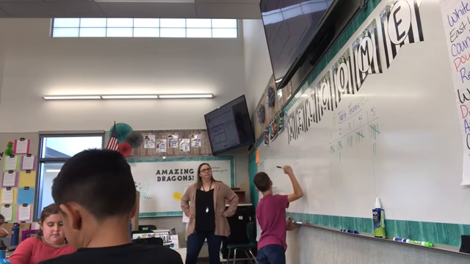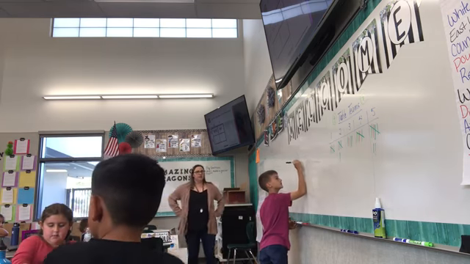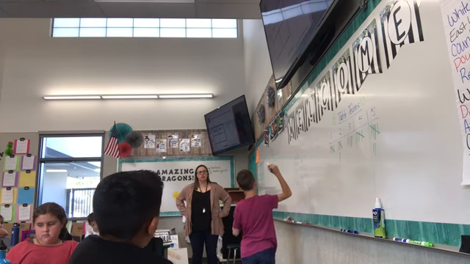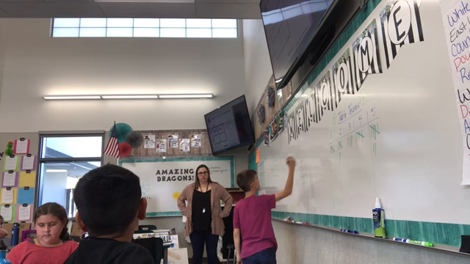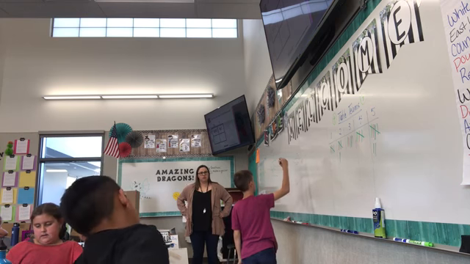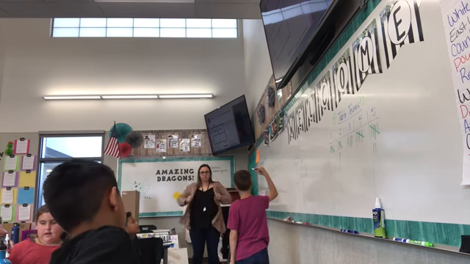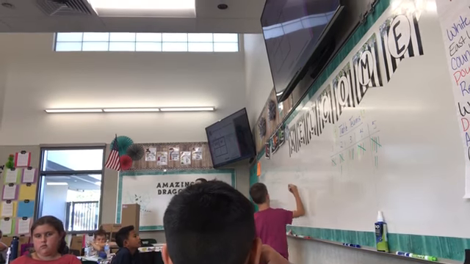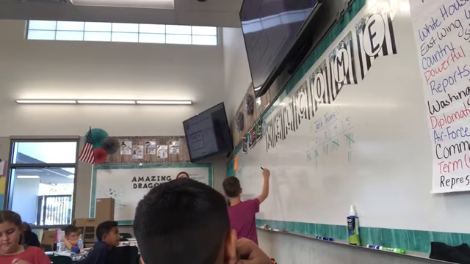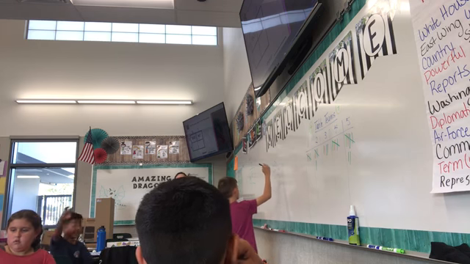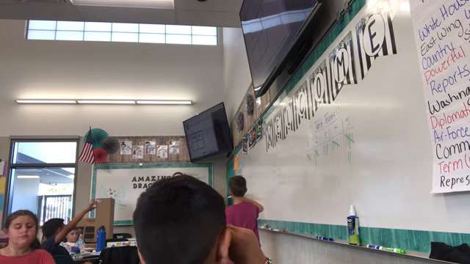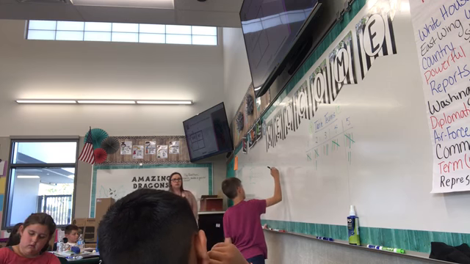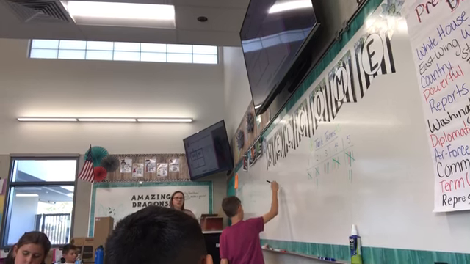So I know that 8 times 6 equals 48. So then I added the 0, and that was 480.